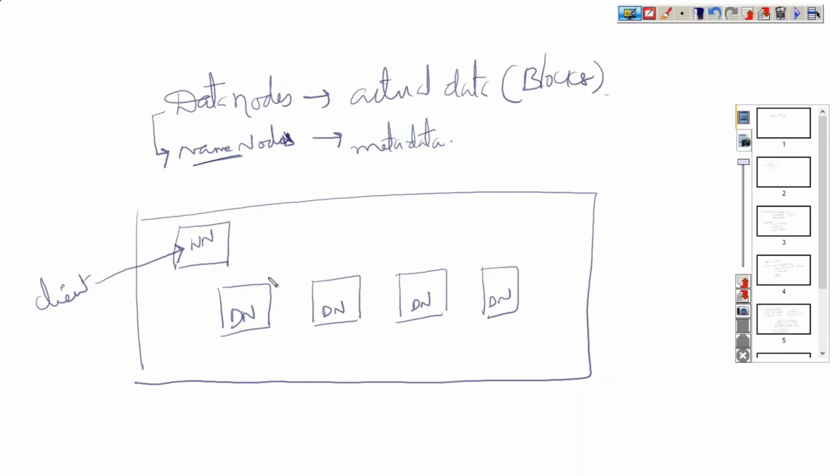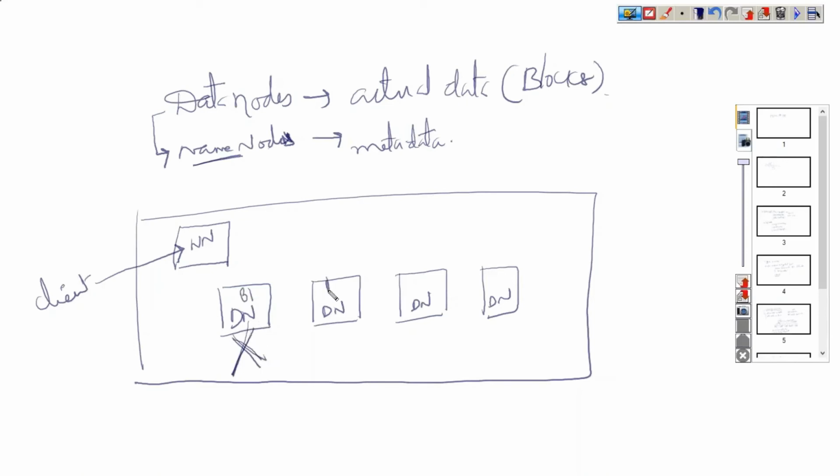In this cluster we have two processes, data node and name node. Which process will have the information of all the data present in the cluster? Name node only, exactly.